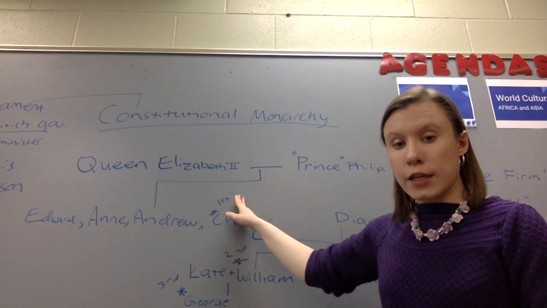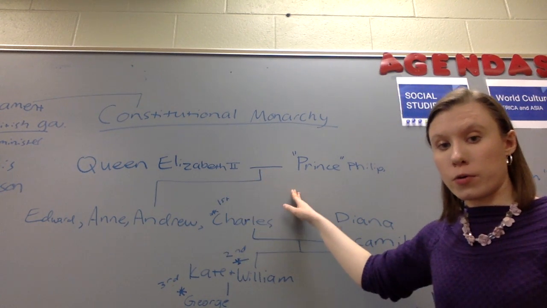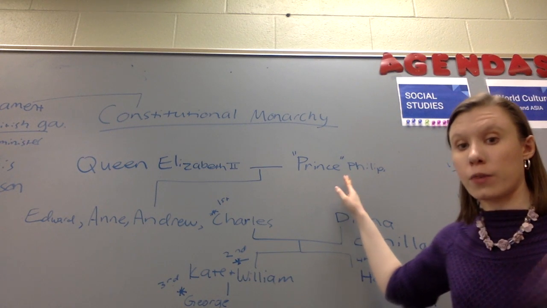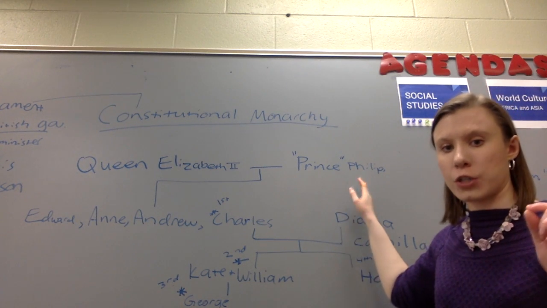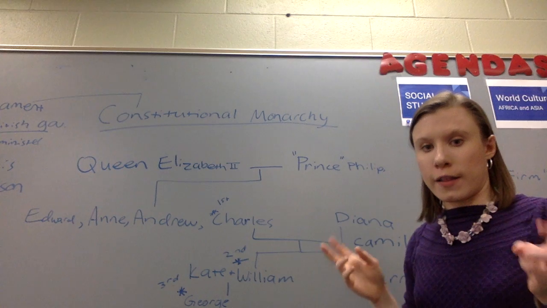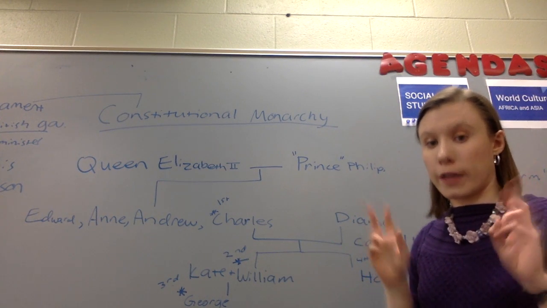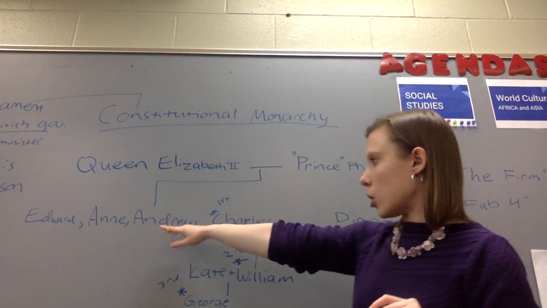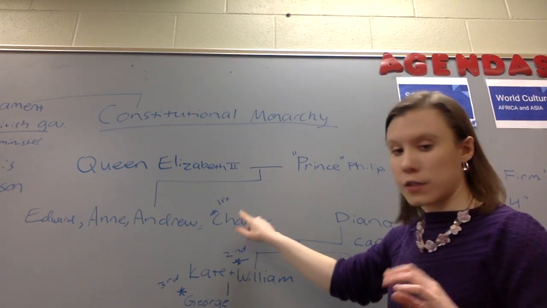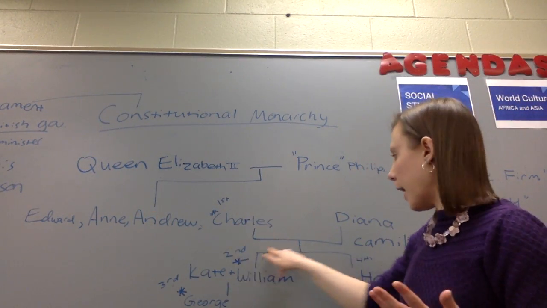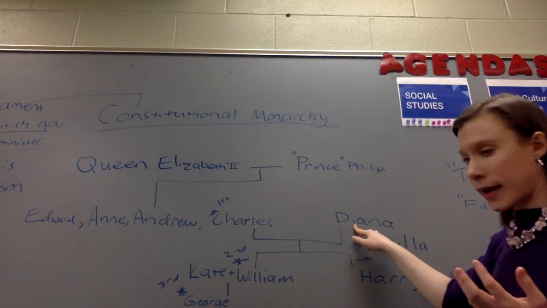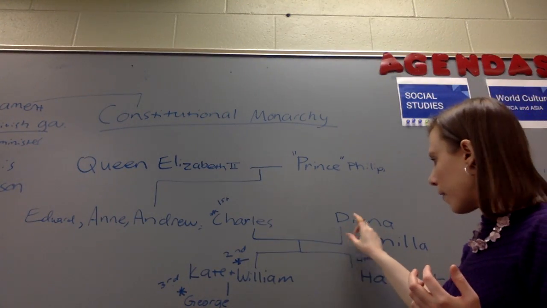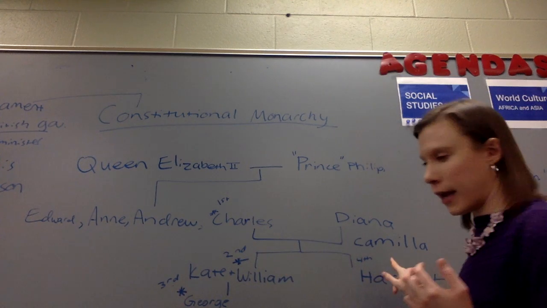And so she actually ended up proposing to Prince Philip, and he wasn't really a prince to begin with. He was actually just a regular person, and they called him like the prince consort or the king consort. And so then they actually had all these children, Edward, and Andrew, and Charles was actually the first one. And so he married Diana, and when he and Diana were together, they had William and Harry.